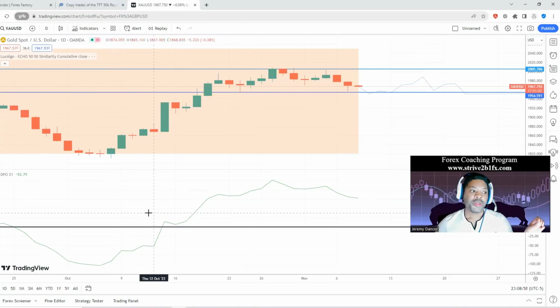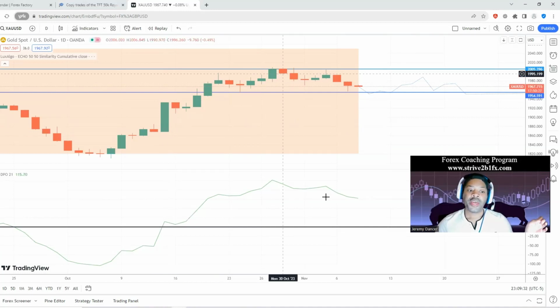So if you're looking at this right here, the DPO is saying that the time to buy was roughly right around here. This would have given you the best chance to avoid pullbacks and retracements. And you can see here, if you use the DPO in this situation on the daily time frame, you could have been in a huge profitable position.